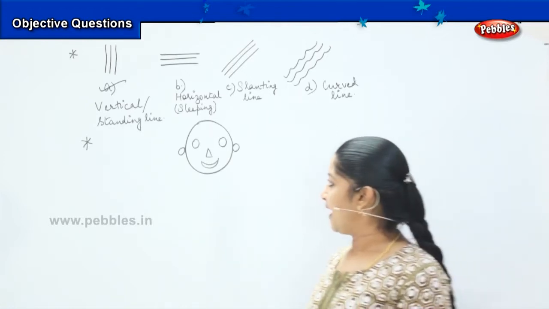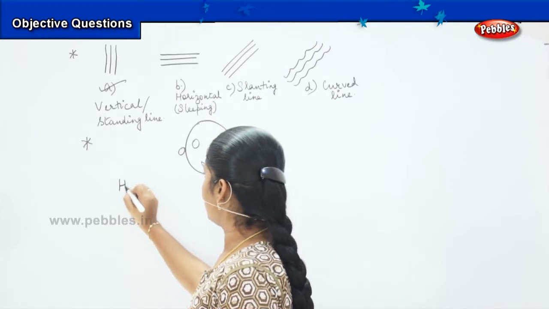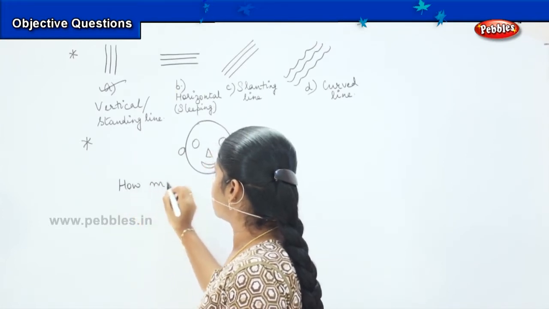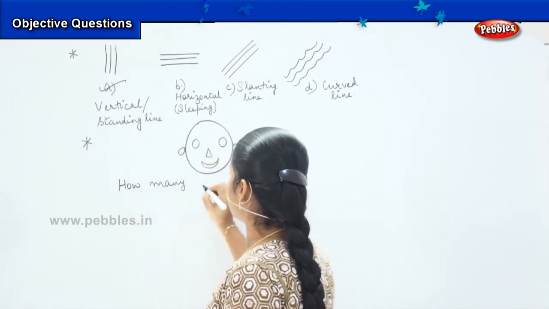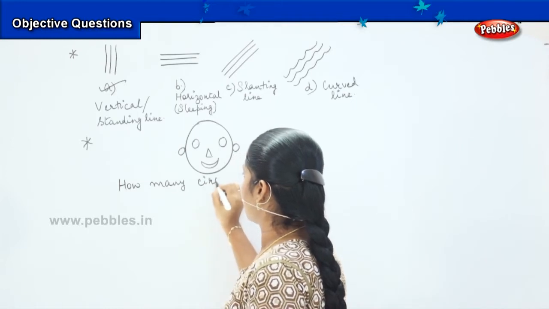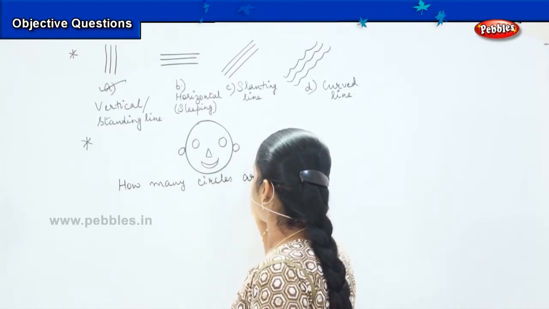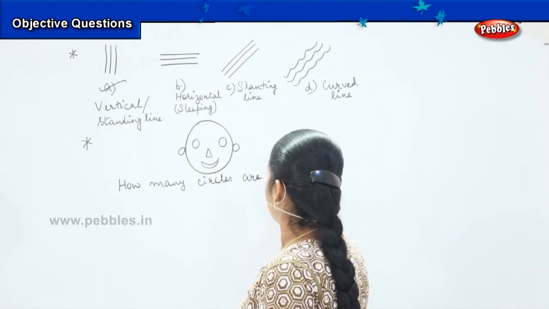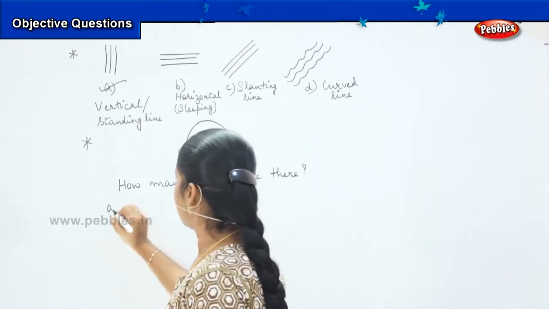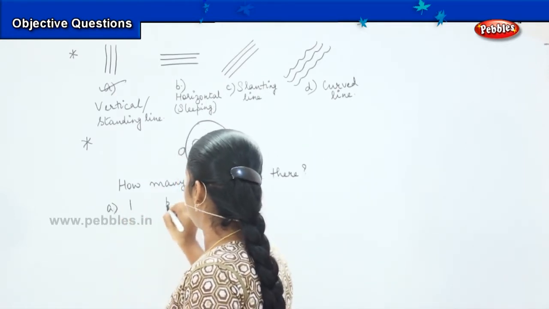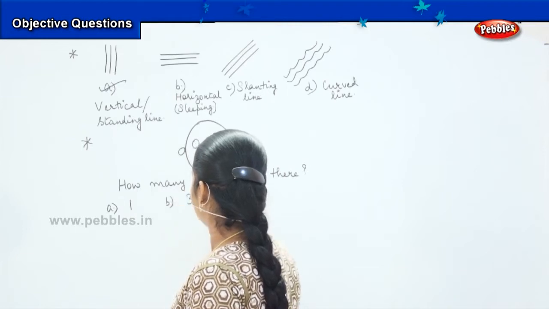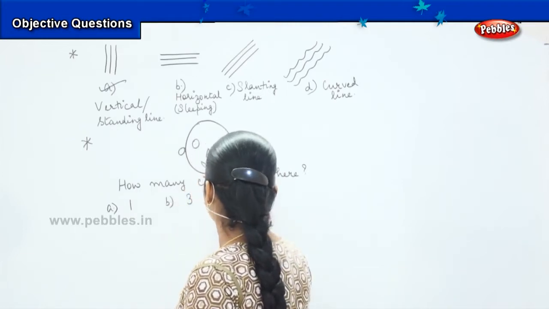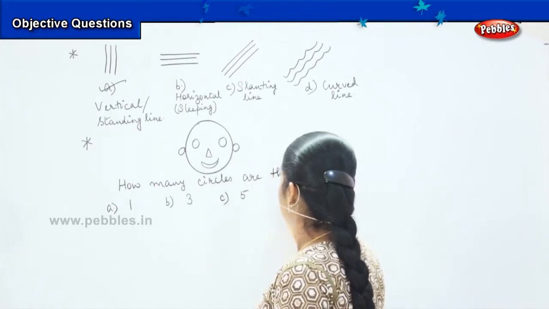So now, my question is, how many circles are there on this face? And the options are A, 1, B, 3, C, 5, and D, 2.